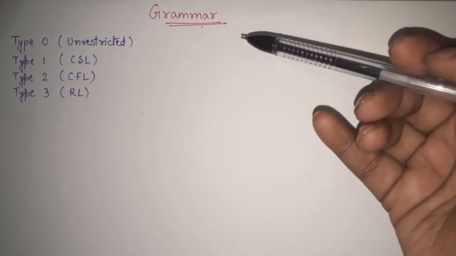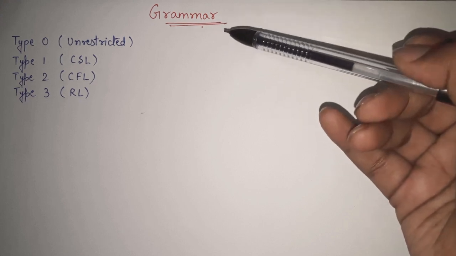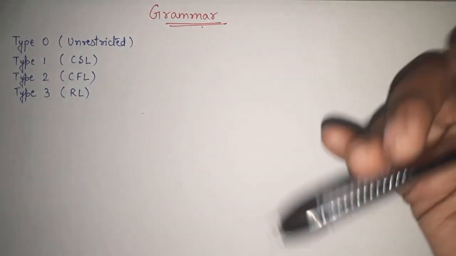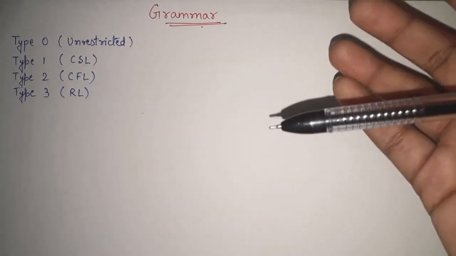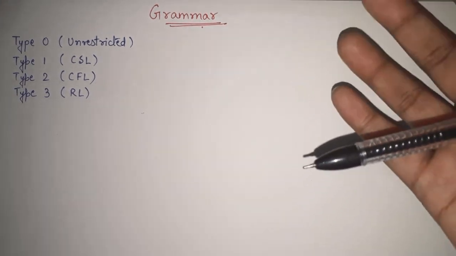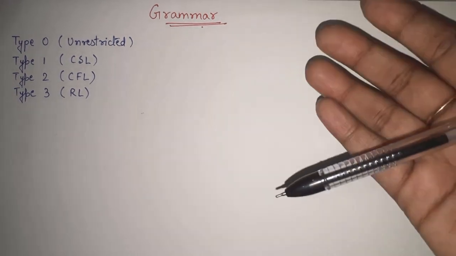If we talk about what grammar actually is in compiler design, we can say that grammars are used to describe the syntax of the programming language. As you know, we have grammars in different languages, right? We have grammar in the English language, and in Hindi, whatever languages you are learning, we have grammar.